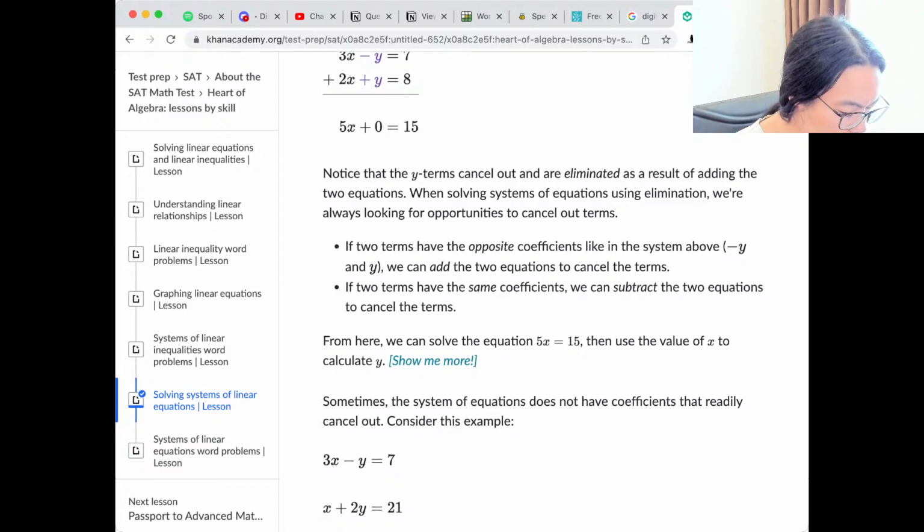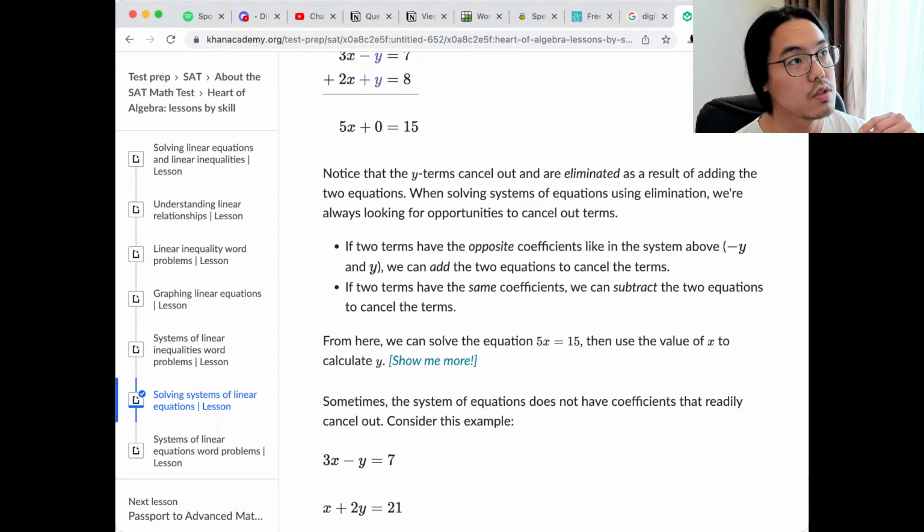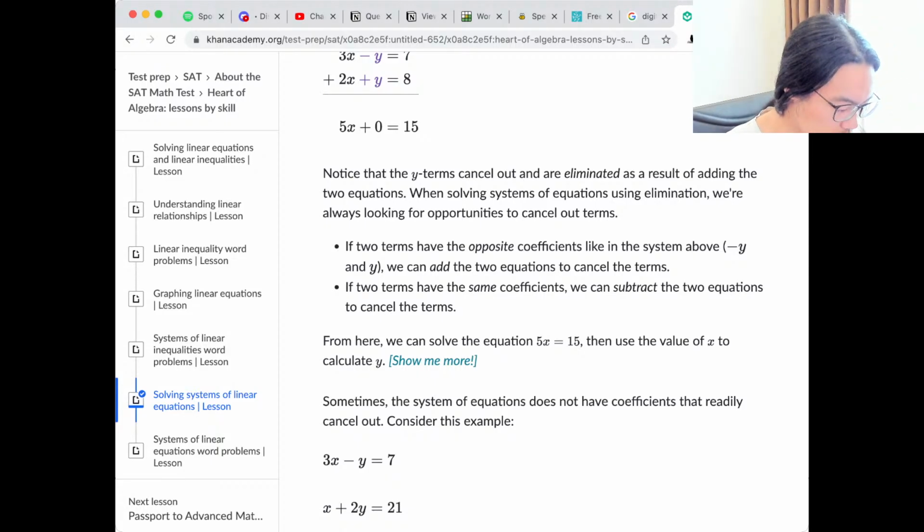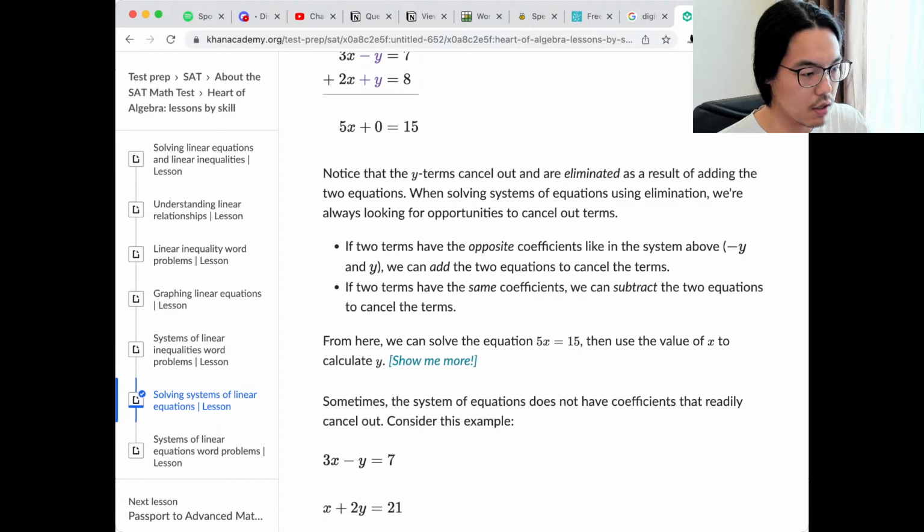Wait, if y is equal to minus 2, then using the bottom one, x would be 6. No, x would be 7. 42 minus 14 is 28. Oh, that's correct. Okay, so that is how that works. I just learned system of equations on stream. Okay, I figured it out.